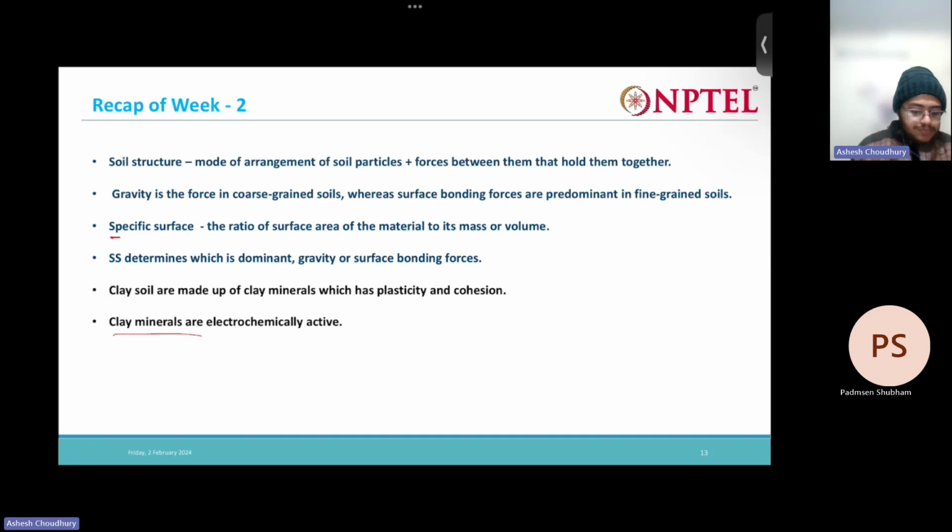And if the specific surface is lesser, that means gravity is going to be more dominant. Now, clay soils are made up of clay minerals, which have plasticity and cohesion. Clay minerals are electrochemically active. As I said, clays are fine-grained soils, and that's why they are electrochemically active.